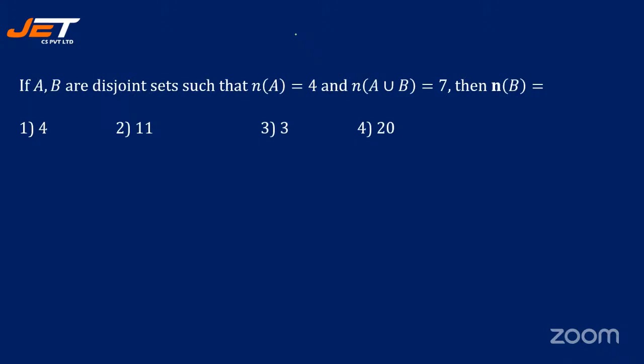See the next question. If A, B are disjoint sets such that n of A is 4, n of A union B is 7, then n of B is equal to dash.